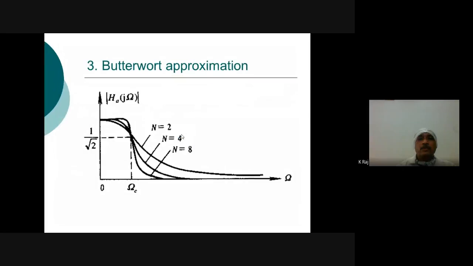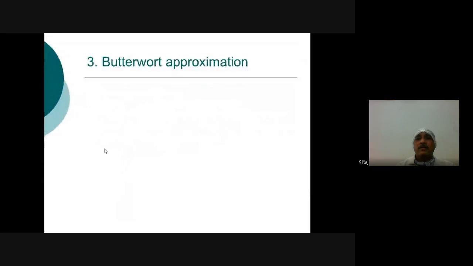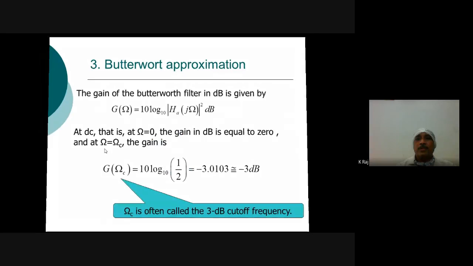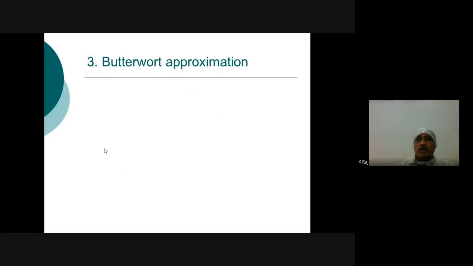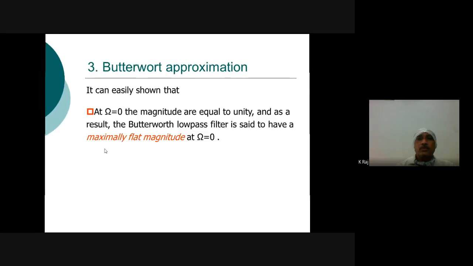See the graph. When omega becomes omega s, that is the stop band edge frequency, whatever is the value of the gain at the stop band edge frequency will be the attenuation there, and at the pass band edge frequency we will get the attenuation at the pass band edge frequency. And if we see here the approximation, that is the normalized approximation.